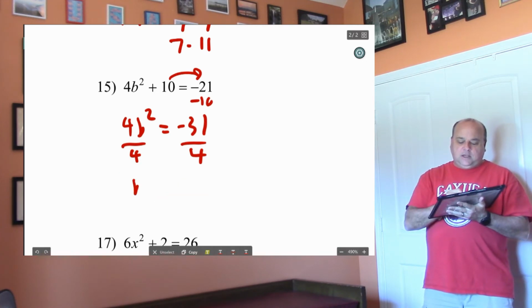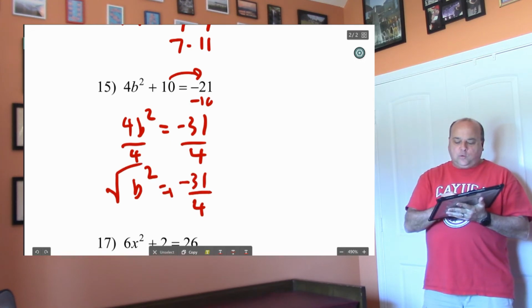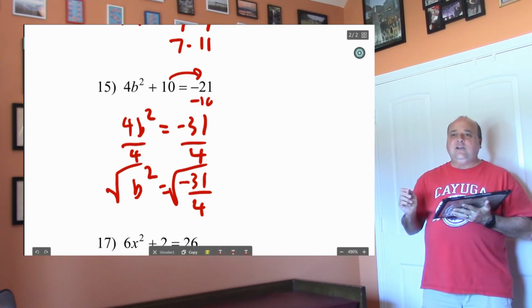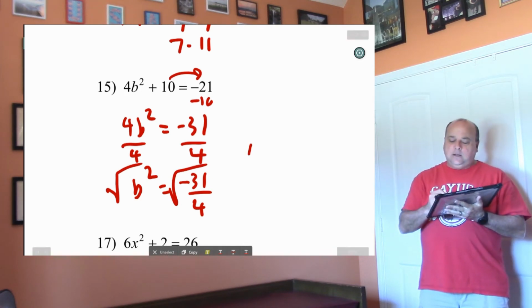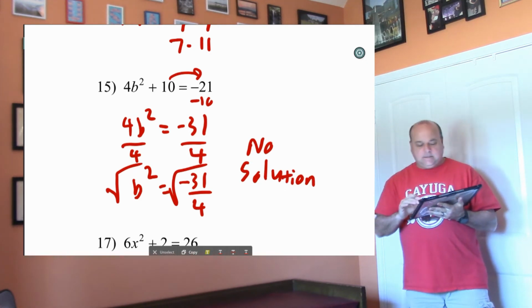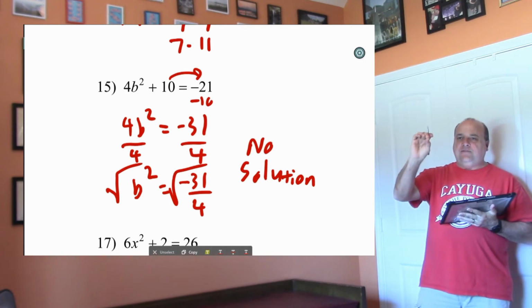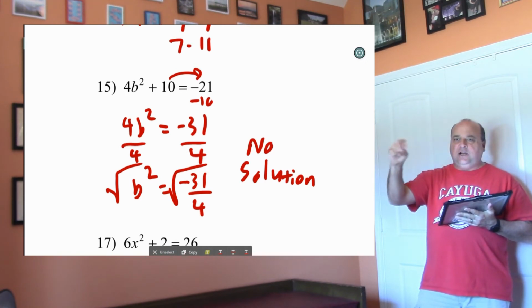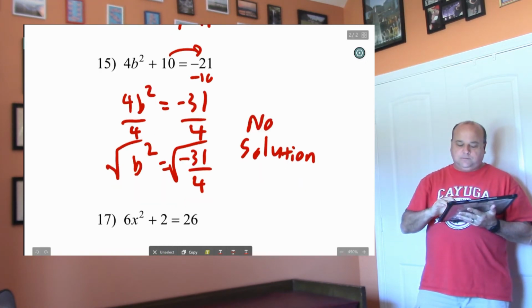So let me write down b squared equals negative 31 over 4. I'm going to square root both sides. I cannot get the square root of a negative number, can I? So this would be no solution. Okay. Piece of cake, not hard. If that term on the right is negative, the answer will be no solution.